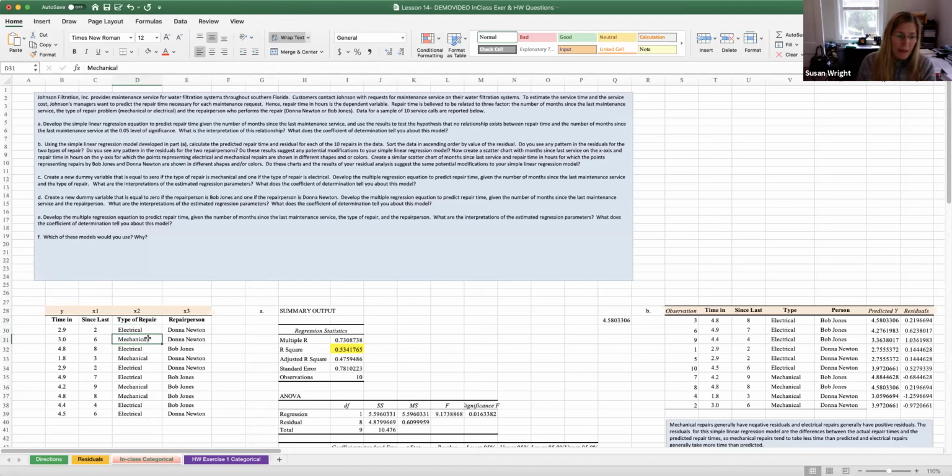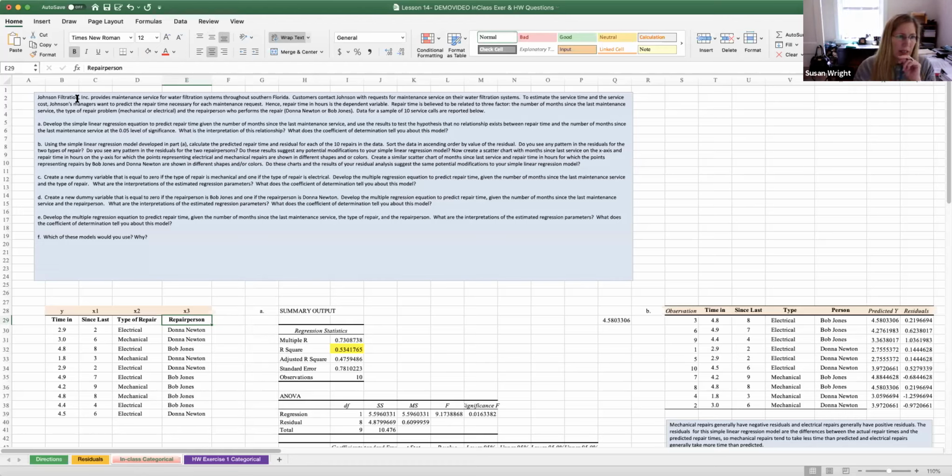So we're going to assign a 0 to one of these and a 1 to the other one. So in essence, what we're going to do is convert it to a numeric variable. And then notice that you also have another categorical variable here, and this one is the repair person's name. Fortunately, we only have 2 of those as well, so we're going to have a 0 and a 1. I'll talk to you later about how you deal with having more than 2 categories. Just get started with a simple example.